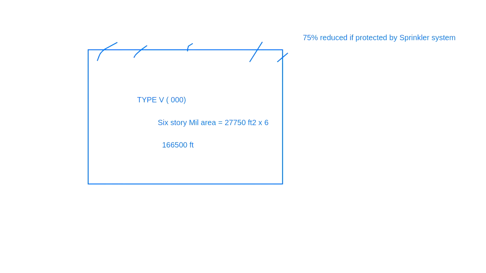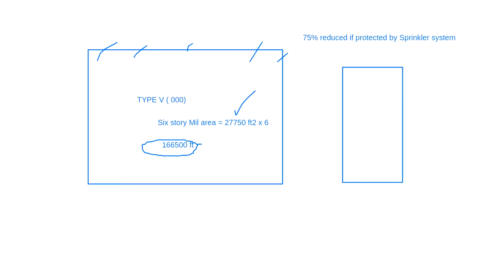Okay, so we came to a value of this one, right? So this is a mill factory, and the area is 27,750 square feet. This is the area, but this building is 6 stories in height. So we have to consider the complete building area. So we have to multiply by 6, and then our value is 166,500, right?